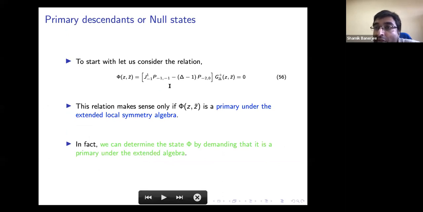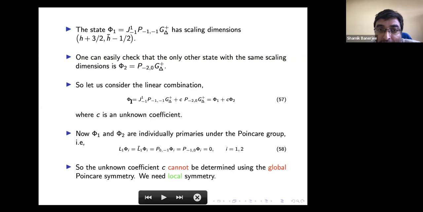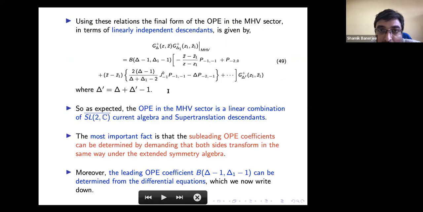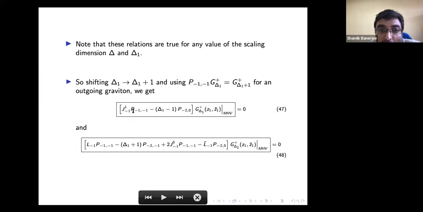And now what I am showing is that you can completely do it in the standard sense, just by looking at, for example, this object phi. So one of the primaries was this J1 minus 1 P minus 1 minus delta minus 1.